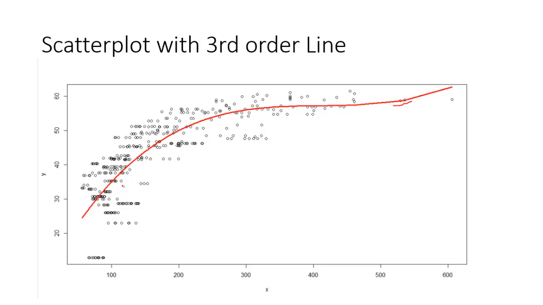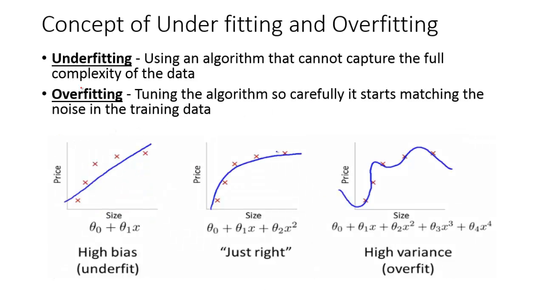Now I'll introduce the concept of underfitting and overfitting. Here you can see the data is scattered all over, so simply a line will not accurately represent the whole of the data. But in the second plot, if we increase the polynomial degree to some extent, we can say that yes, it's representing the data approximately.